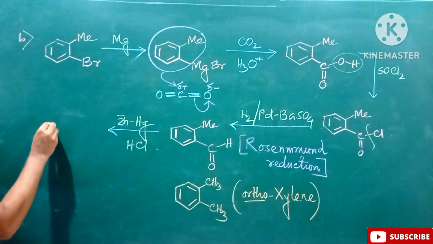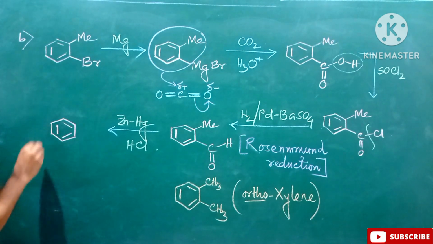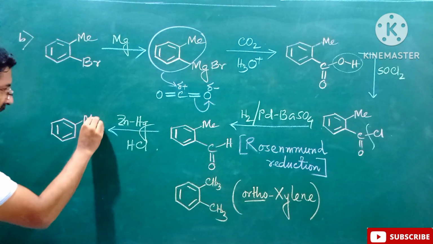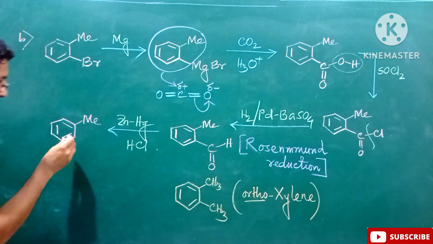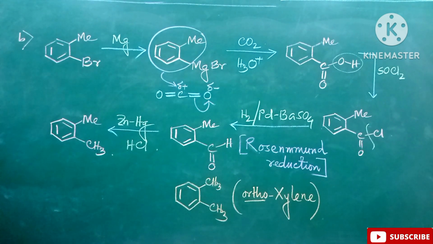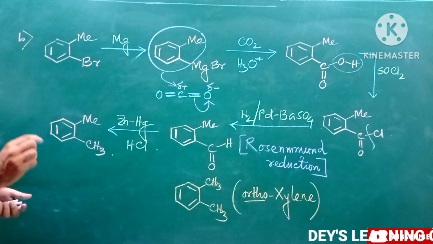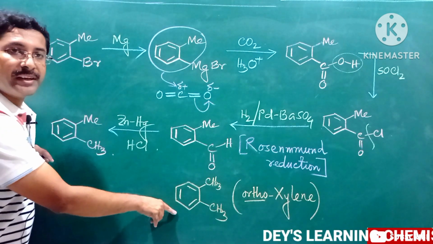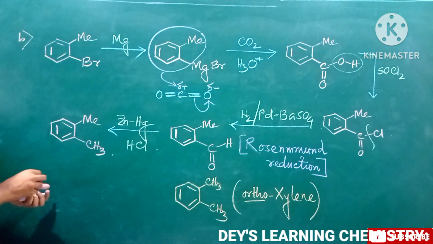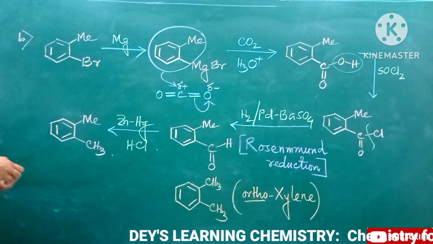So on Clemmensen reaction, of course, this CHO, this aldehyde group will be converted into another CH3, that is methyl group, right? So the end product is again orthoxylene, right?